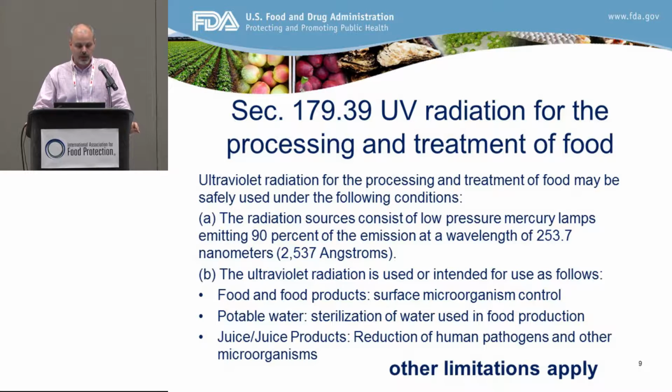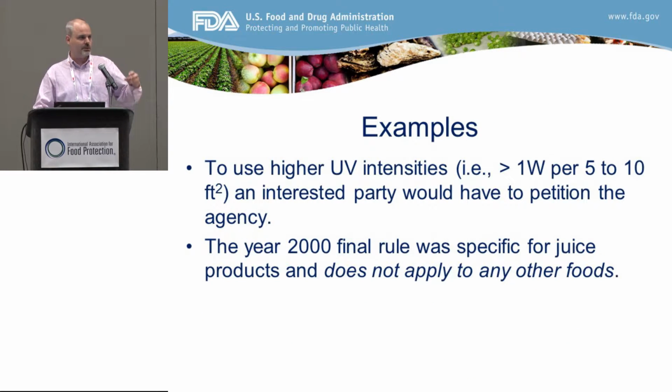So we look at things like the food and the food products, potable water, and juice products. Those are the only products that you can use UV radiation on, and there are other limitations that would apply. So to operate outside of these regulations, for example, to use a higher UV intensity than is specified in the regulation, you would have to petition the agency in order to do so and amend the regulation as such.